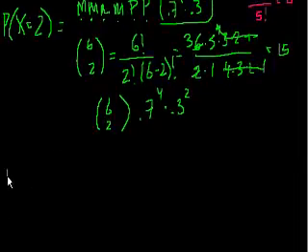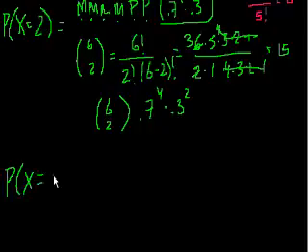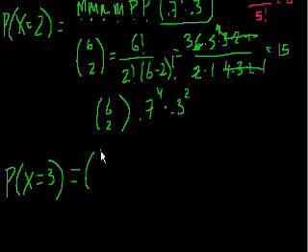Let's do them fast. The probability that I make exactly 3 shots by the same logic. Well, what's the probability that I make exactly 3 in any one of the circumstances? Well, how many ways can I make 3 shots? Well, I'm taking 6 and I'm choosing 3. And then the probability of each of those ways is, in order to make 3 shots, I'm going to miss 3 shots, and then I'm going to make 3 shots.